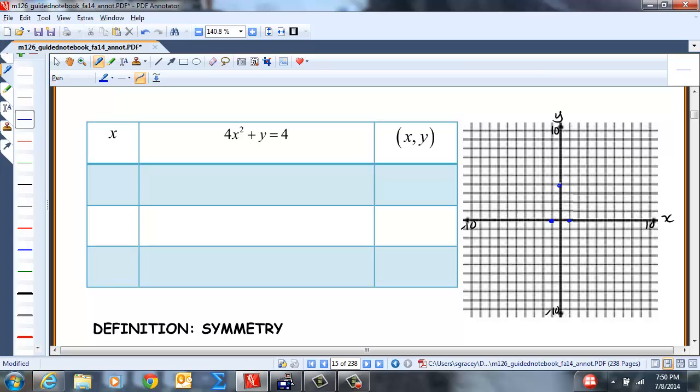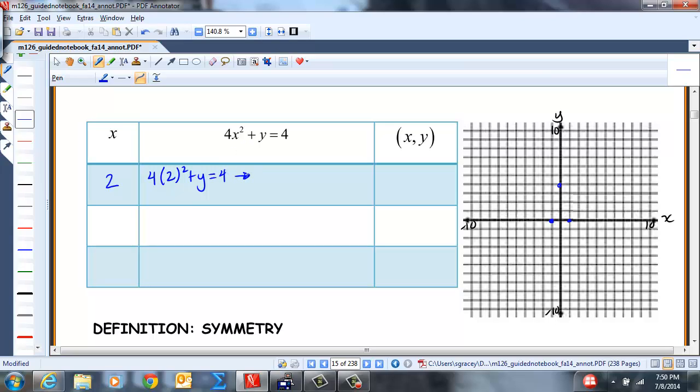So let's get some more values for x, or set values for x and solve for y. So if x is equal to 2, we'll have 4 times 2 squared plus y is 4.